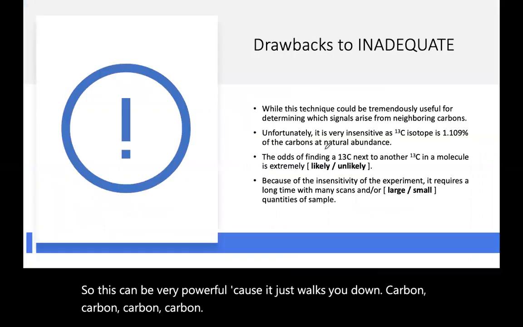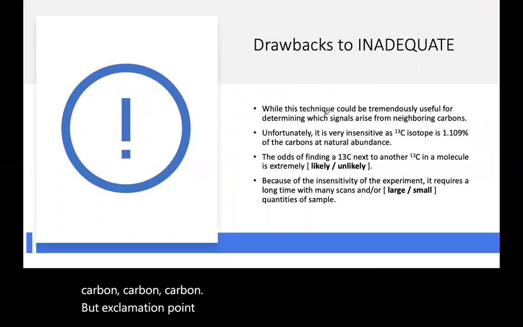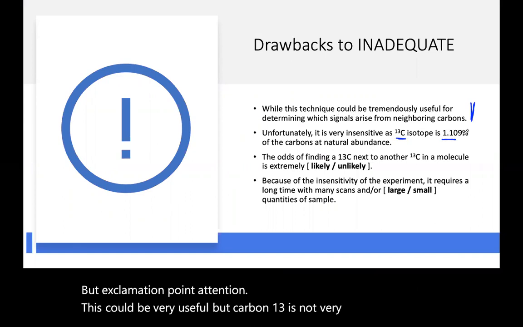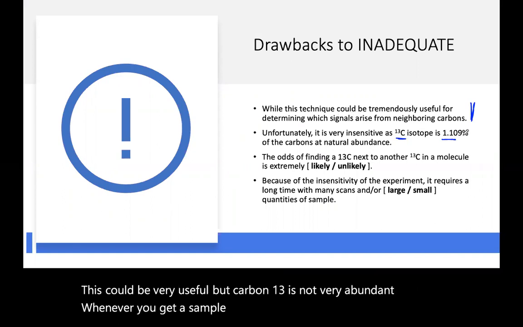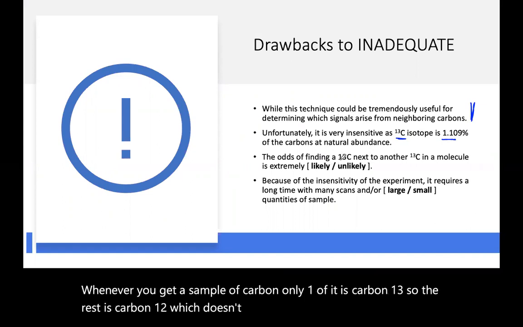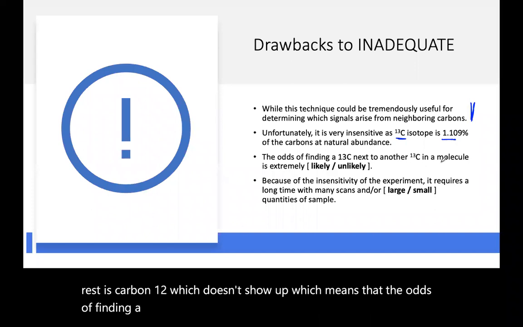But, attention. This could be very useful, but carbon 13 is not very abundant. Whenever you get a sample of carbon, only 1% of it is carbon 13. So the rest is carbon 12, which doesn't show up, which means that the odds of finding a carbon 13 next to another carbon 13 is almost impossible.